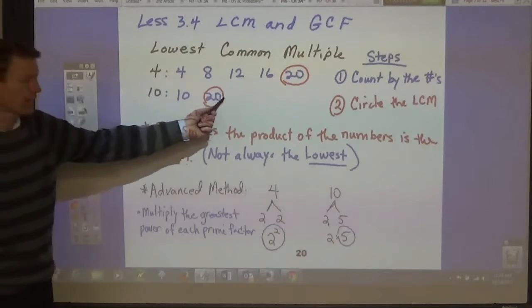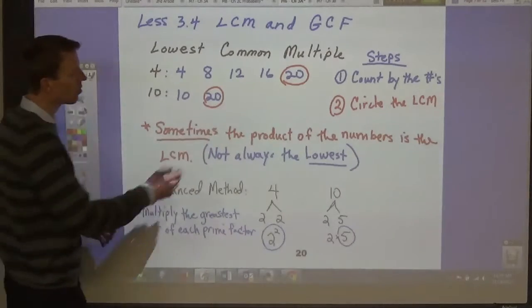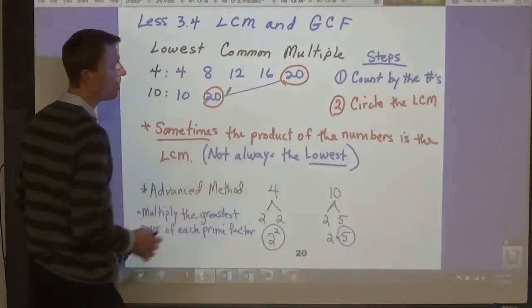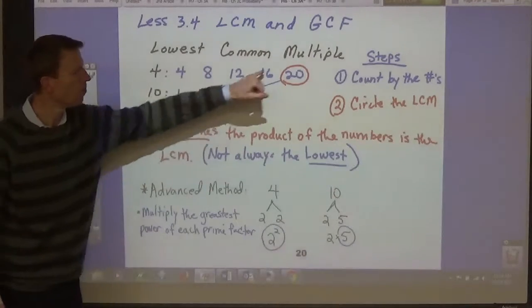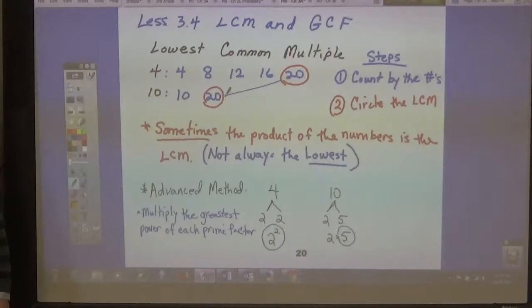Then do the same thing for the other number, and circle the lowest one that they have in common. That's the lowest common multiple. Make sense?